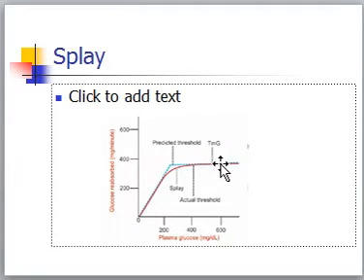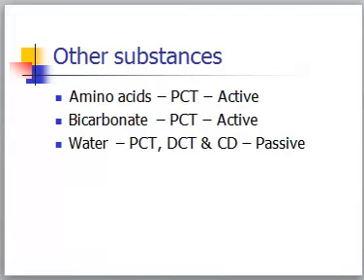Here there is a tubular maximum for glucose. This graph shows how reabsorption of glucose takes place in the proximal convoluted tubule. Next we are going to see the other substances.